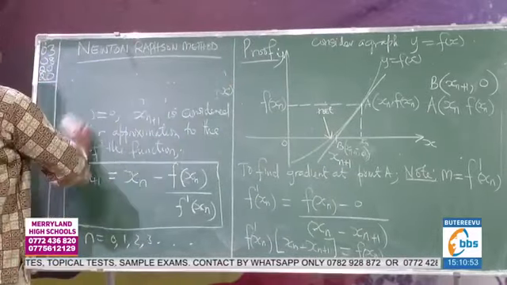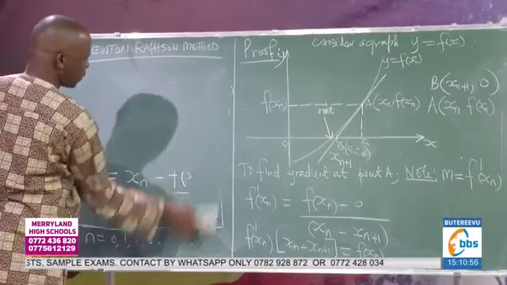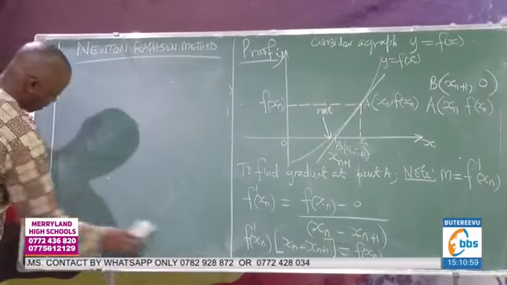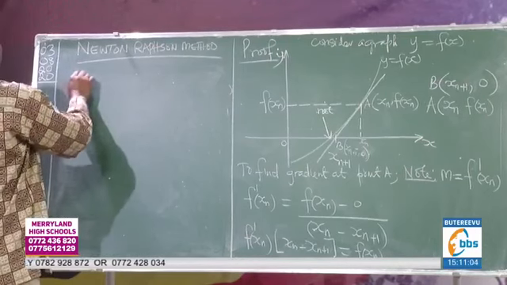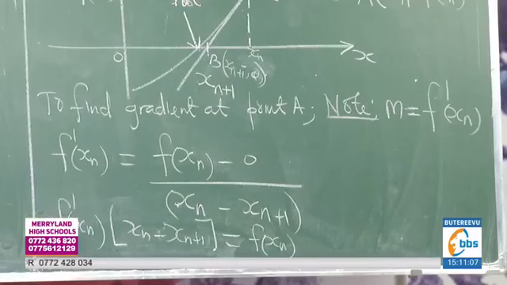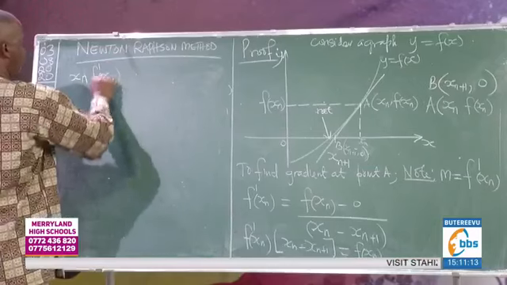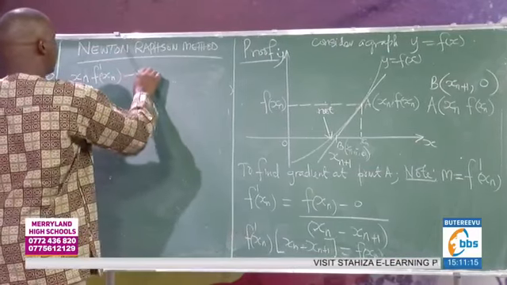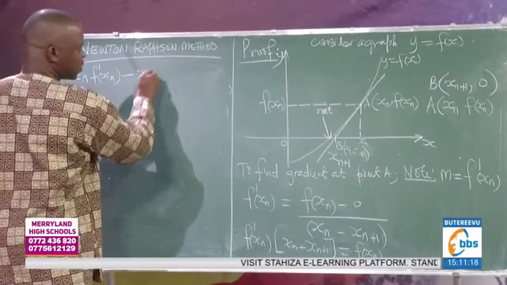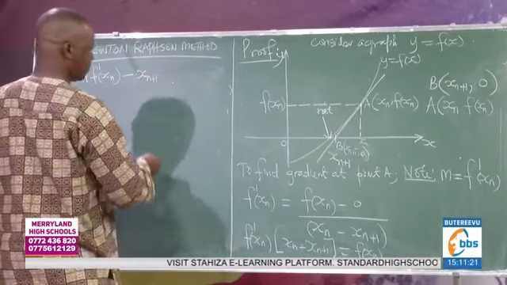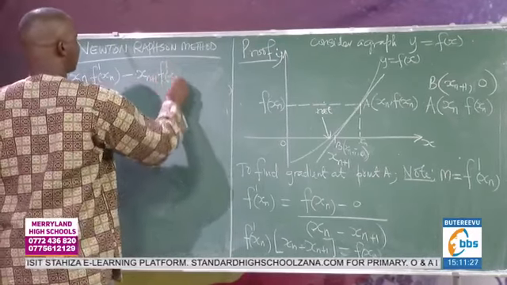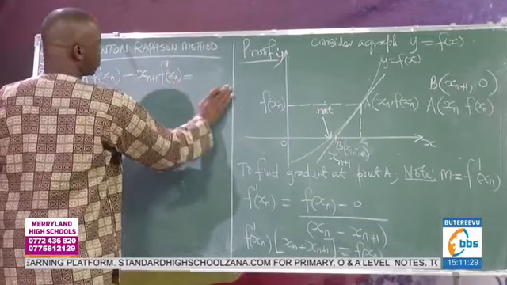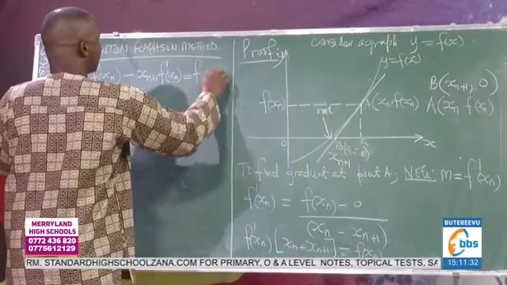If we progress steadily with that function, we shall get that xn, I'm opening brackets here, into f prime of xn minus xn plus 1 into f prime xn should be equal to our f of xn.